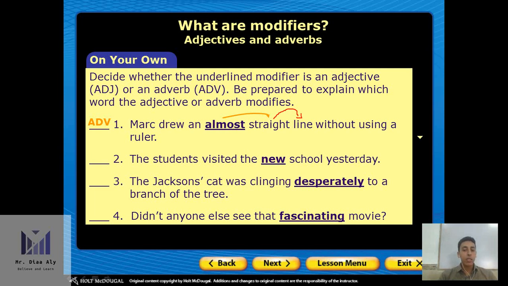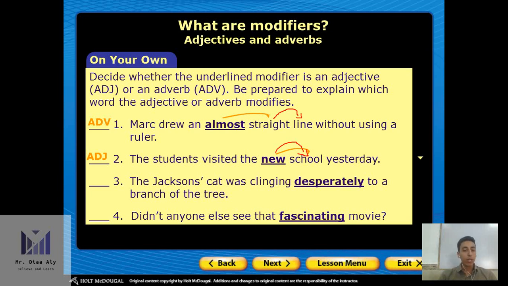The students visited the new school. Which school? School is a noun. And we know a noun is the name of a person or a place or an idea. So which school? The new school. So it's what? Yes, well done. It's an adjective. Clap your hands, and this is 1 for you, because if no one is there to clap your hands for you.